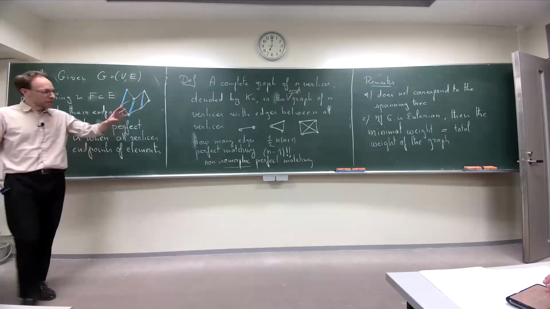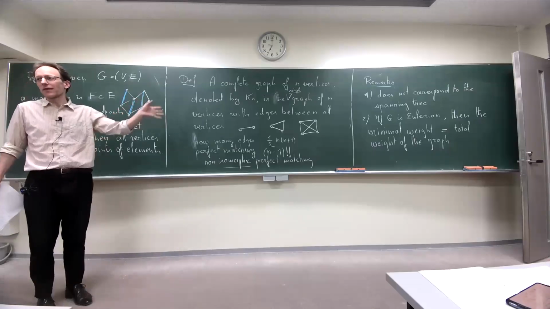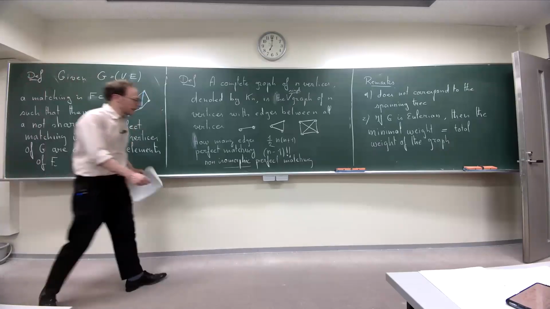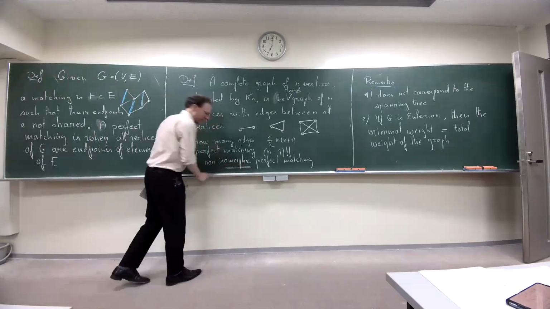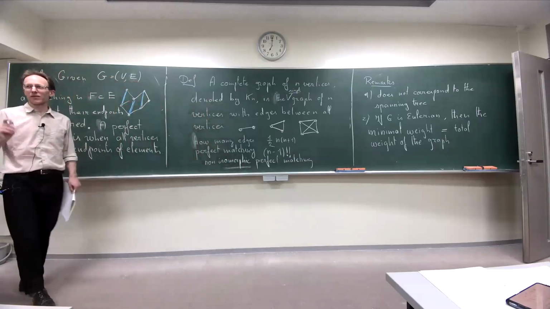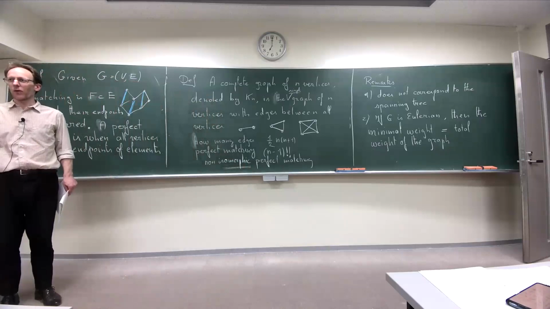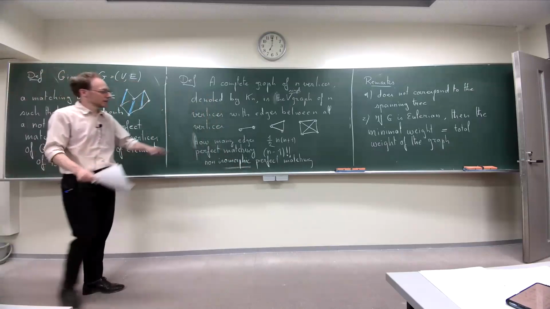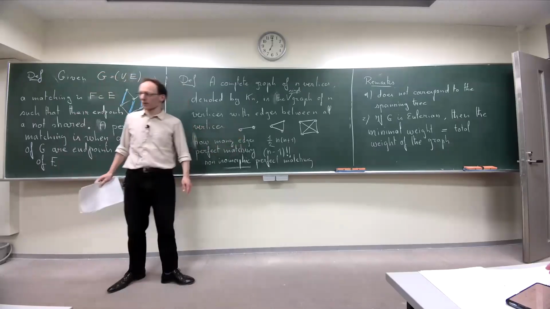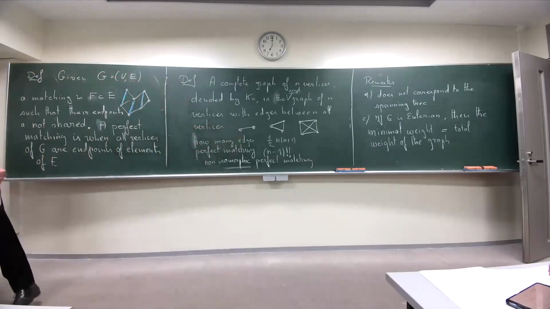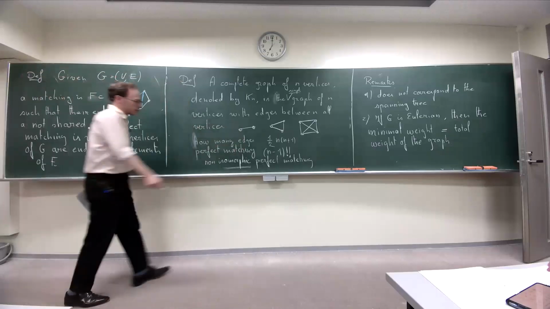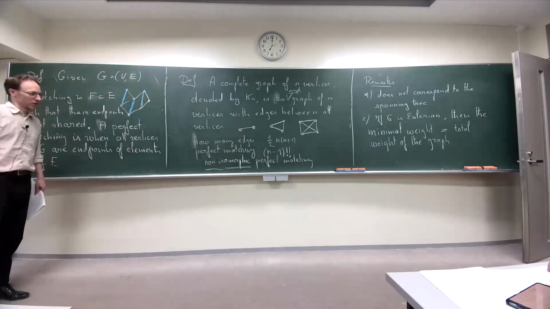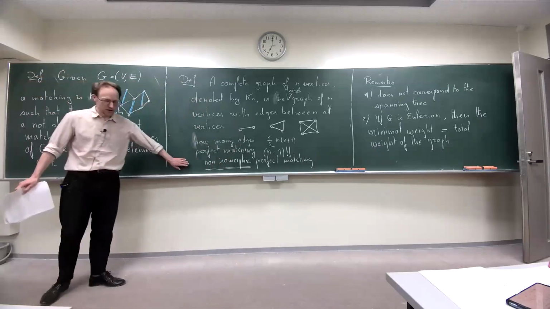You can see many pictures are the same, or they look the same. It's just a rotation, so they're isomorphic. So the question is, how many non-isomorphic? But this is more difficult because the number of isomorphic ones depends on the matching you consider. Look at the notes and you will understand this question. I'm not sure it's an easy question. So if somebody really wants something more complicated, try to answer this question.